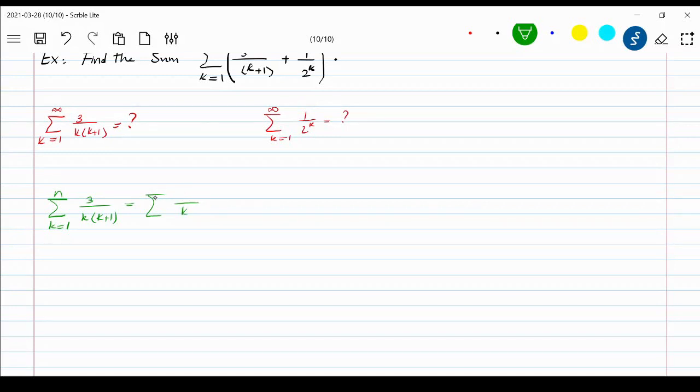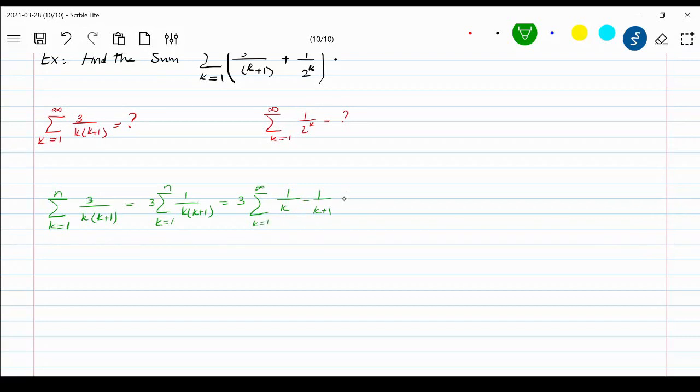Since there's a constant there, I can put the constant outside too, just to make sure that you see it. 3 times the sum of 1 over k(k+1), k from 1 to n. This is the same as 3 times the summation of 1 over k minus 1 over k plus 1. I just talked about that earlier a bit.